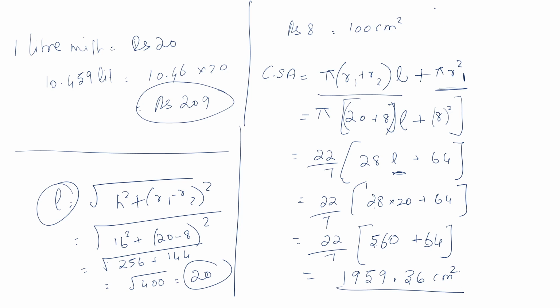So what we have got? The question gives 8 rupees for 100 centimeter square. So 100 centimeter square cost is 8 rupees, and 1 centimeter square cost is 8 by 100. Now how much centimeter square do we require? 1959.36 centimeter square. So how much does this cost?